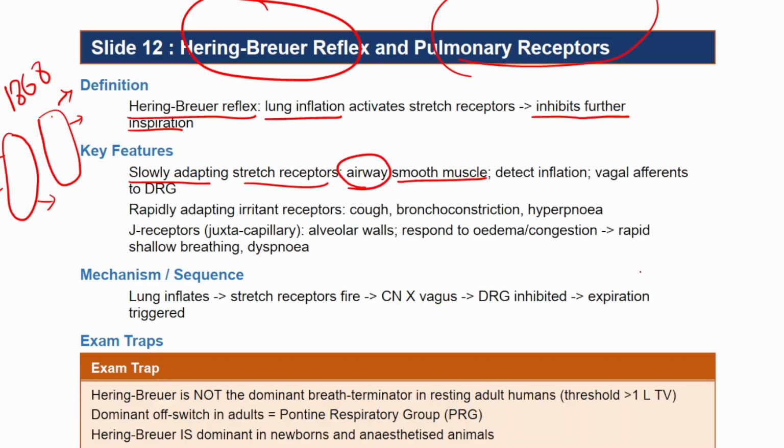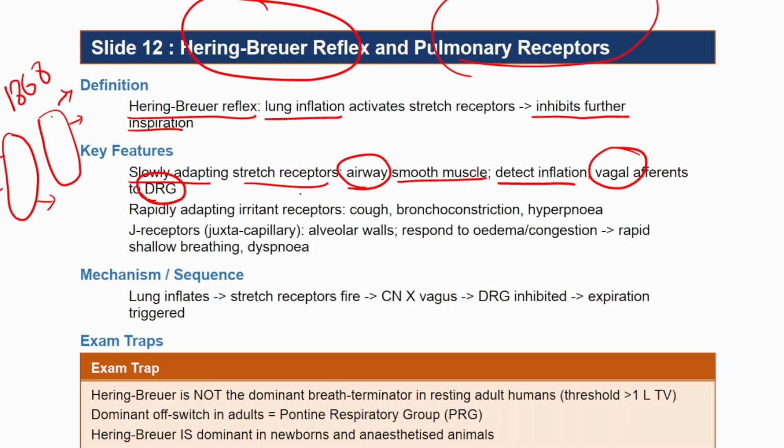When the lungs inflate sufficiently, these receptors fire as they detect the inflation, and they send signals via the vagus nerve to the dorsal respiratory group of the medulla, where they inhibit the next respiratory burst.